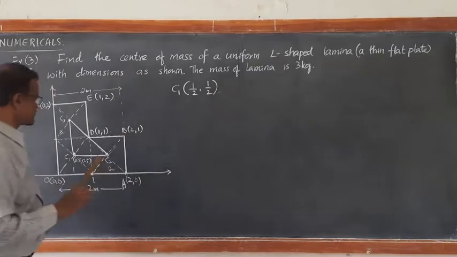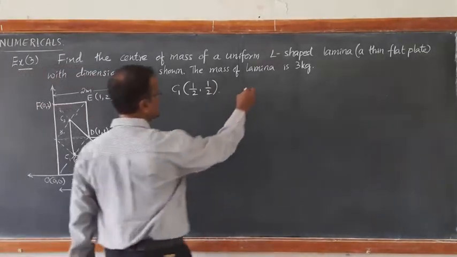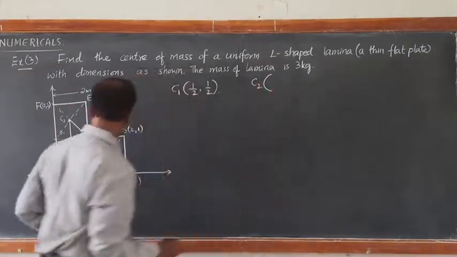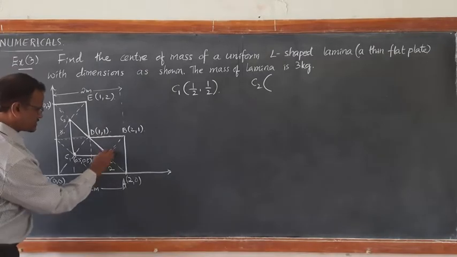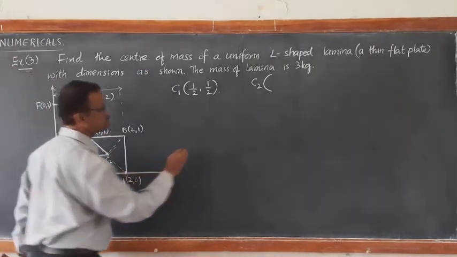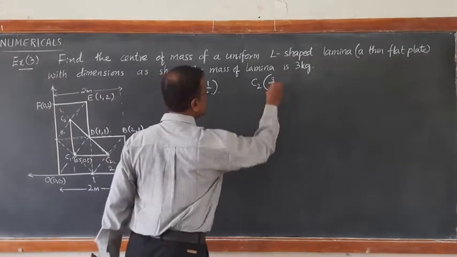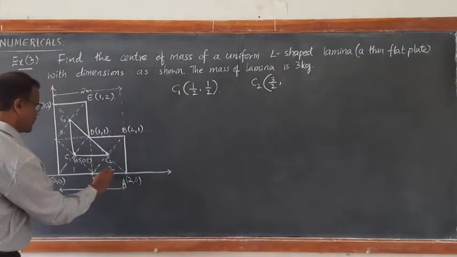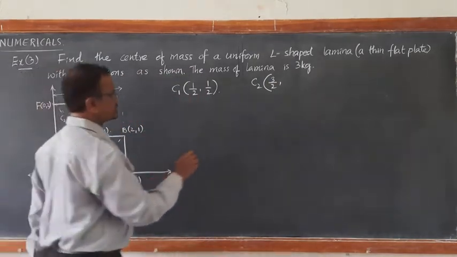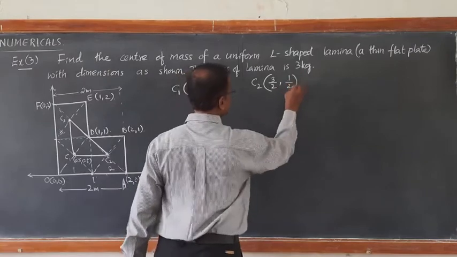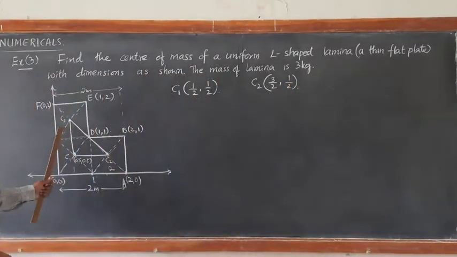Similarly, what are the coordinates of C2? The x coordinate will be 1 plus half, 1 plus half becomes 3 by 2. And the y coordinate will be half only. Similarly, C3. What are the coordinates of C3?